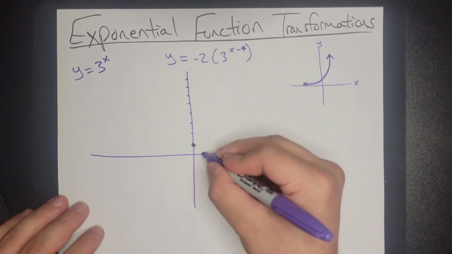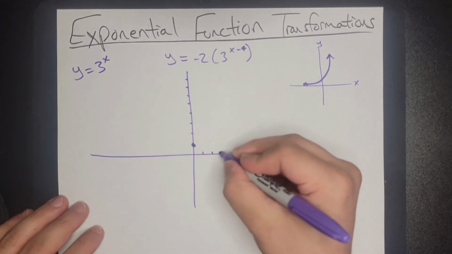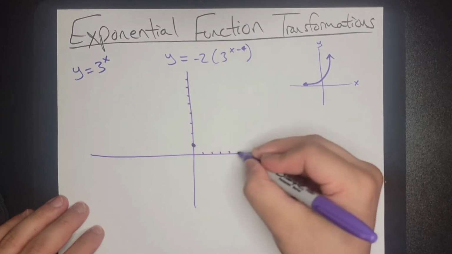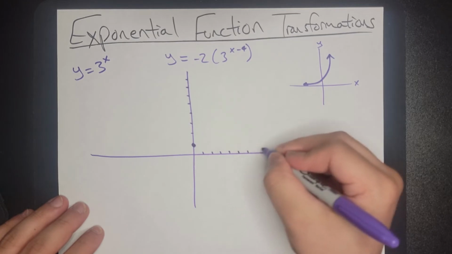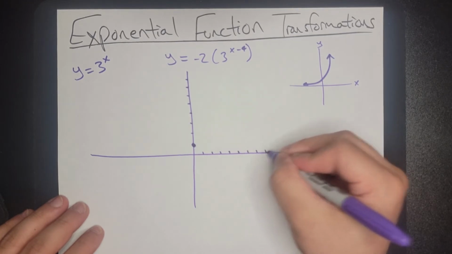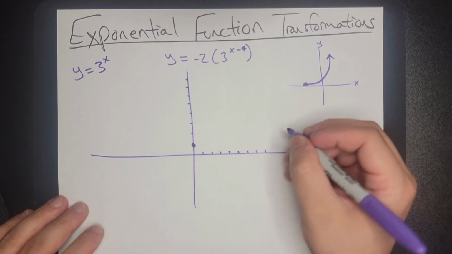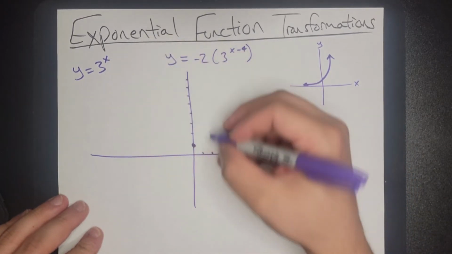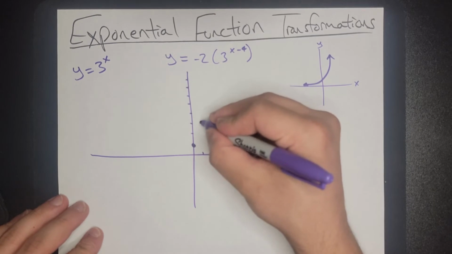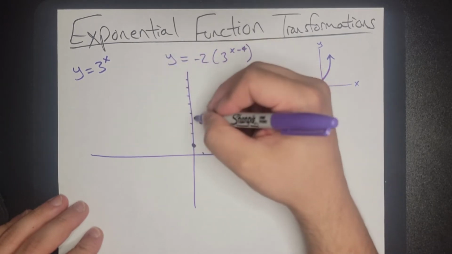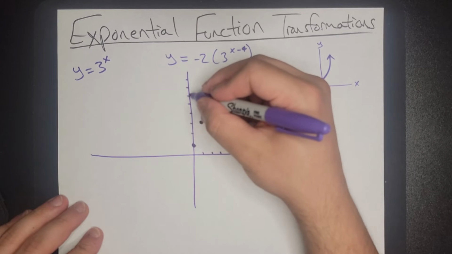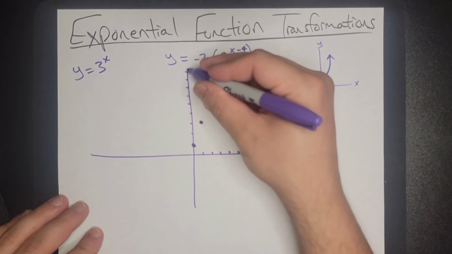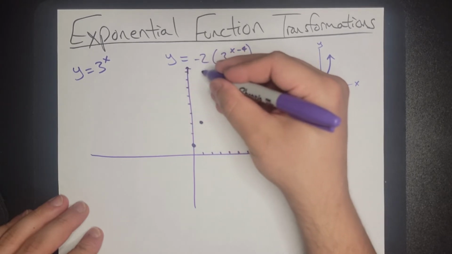When x is equal to 1, 3 to the 1 is just itself. And then at 2, 3 squared is 9. That would be somewhere here.